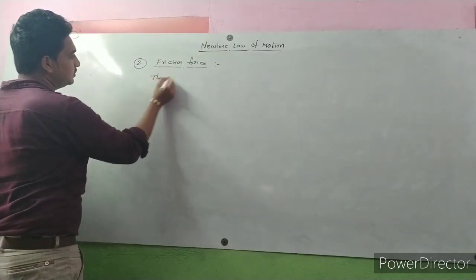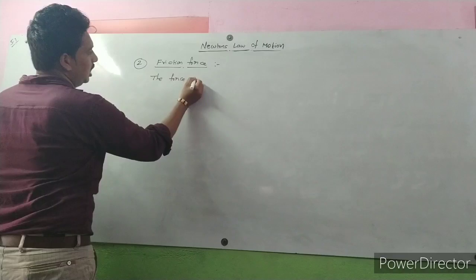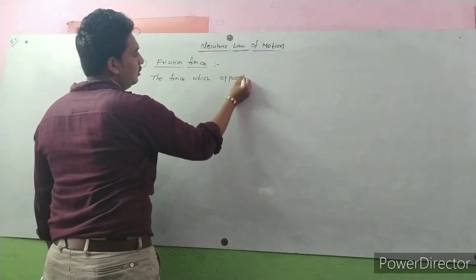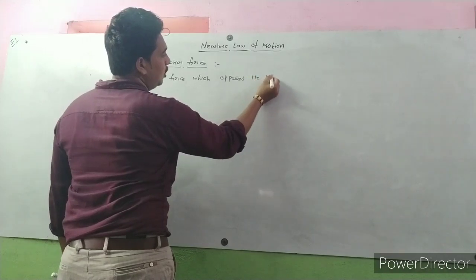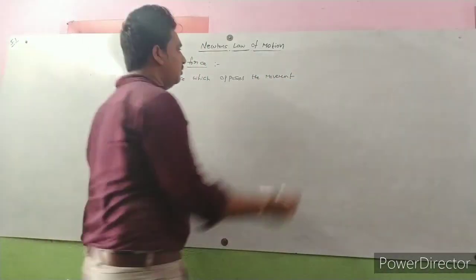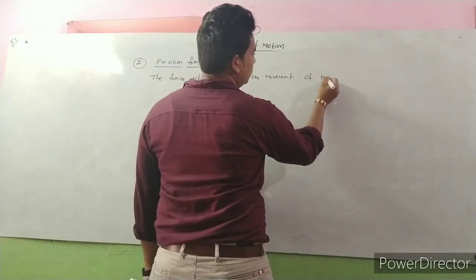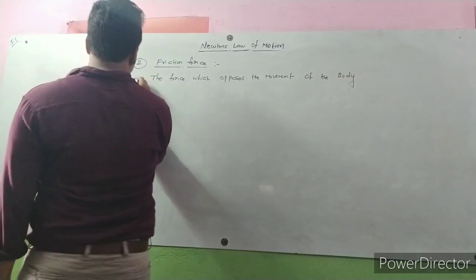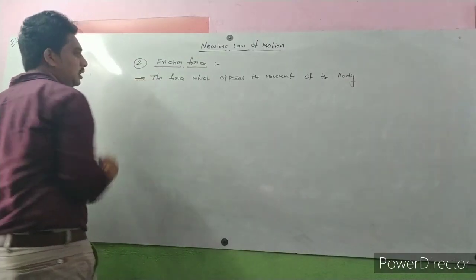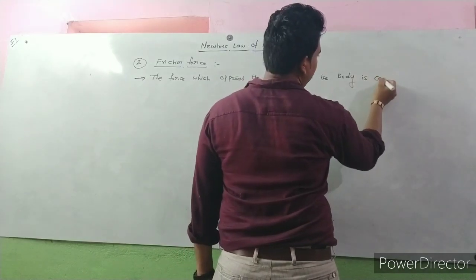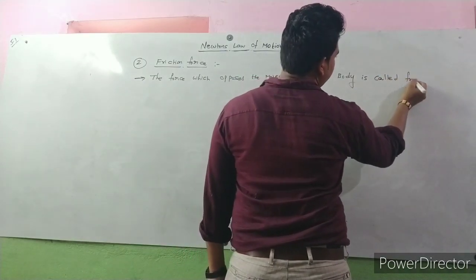The force which opposes the movement of a body is called friction force.